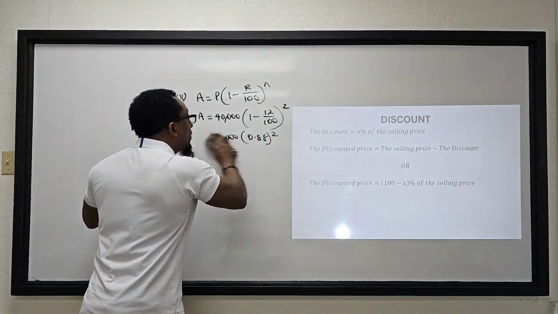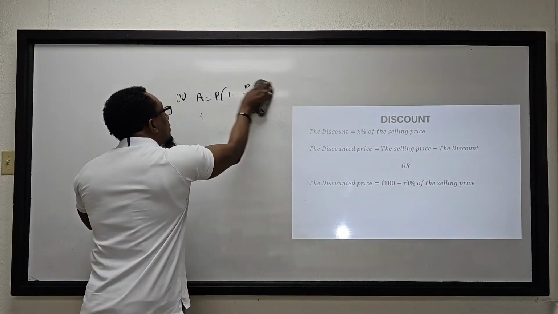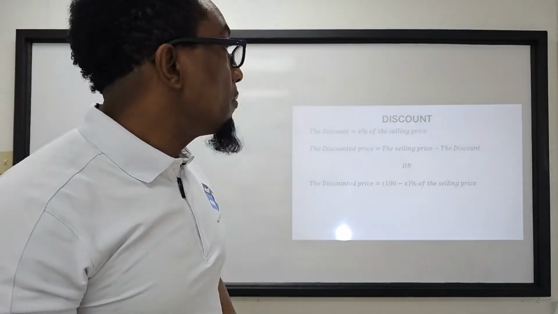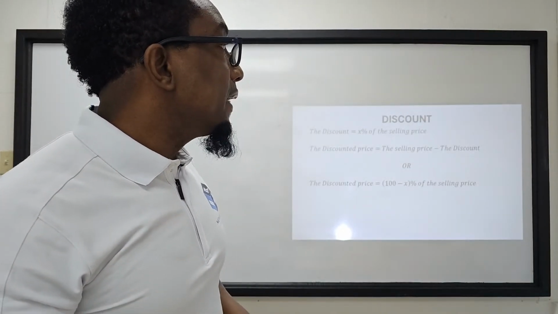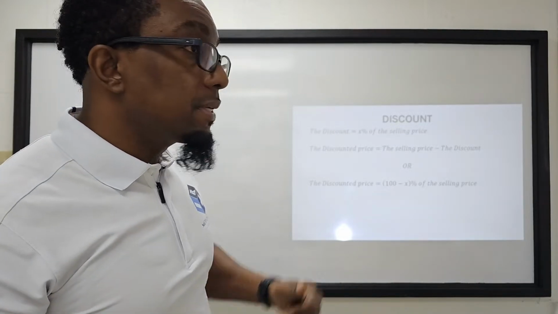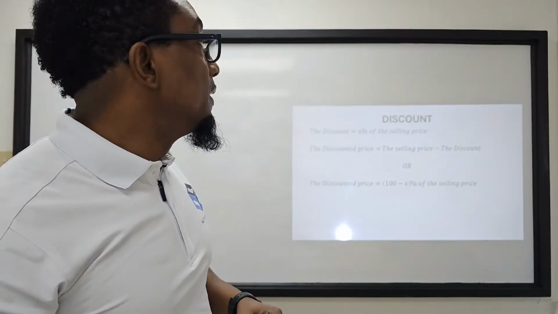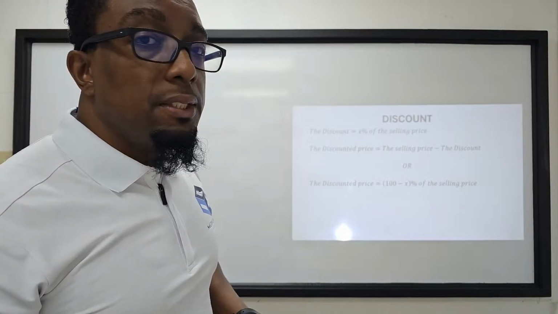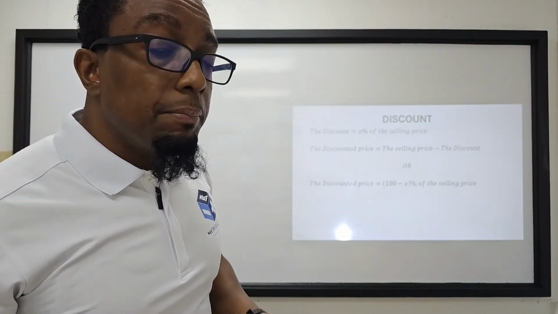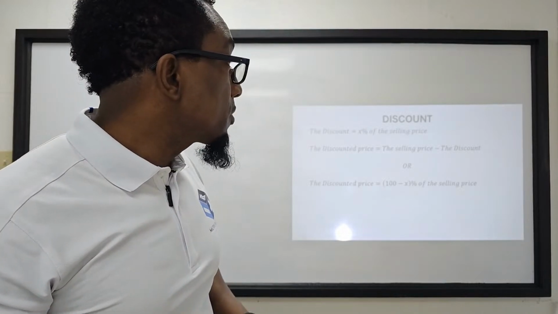And of course you have your discounted price. The discounted price will be the selling price subtract the discount. Or, remember it's a percentage decrease, we take the percentage away from 100 and multiply that by the selling price. That's another way of obtaining the discounted price.